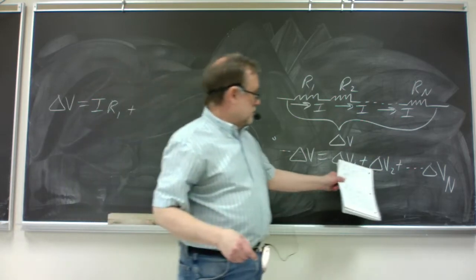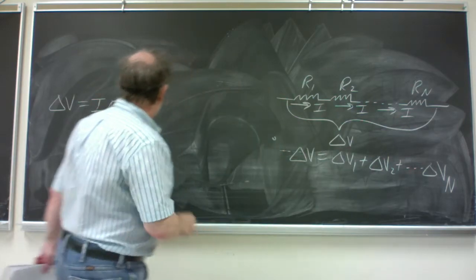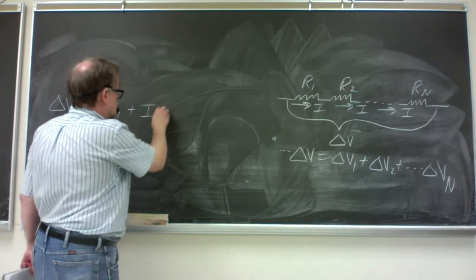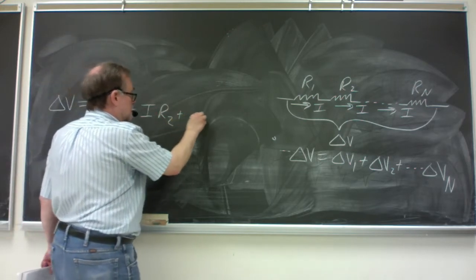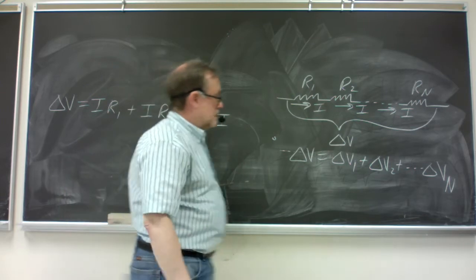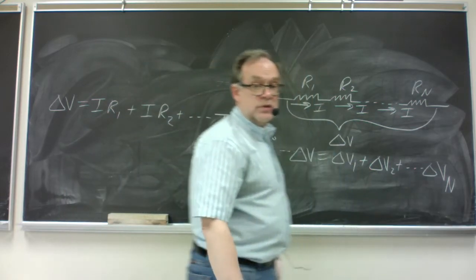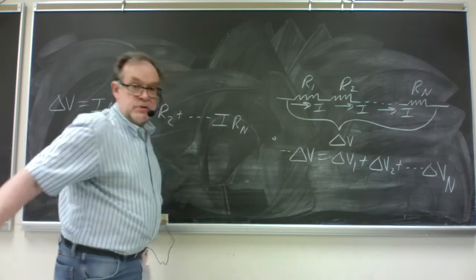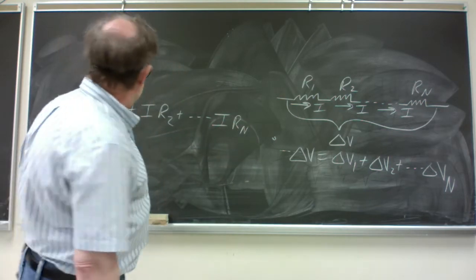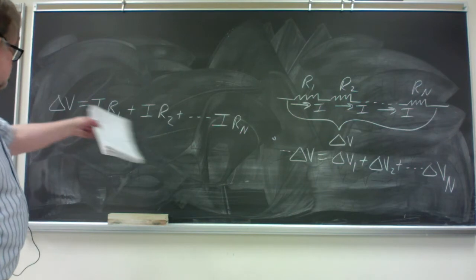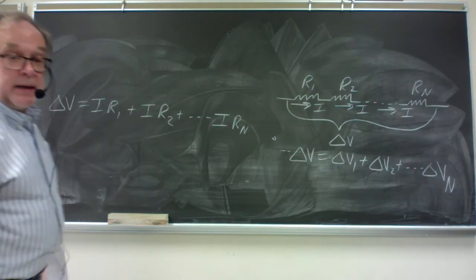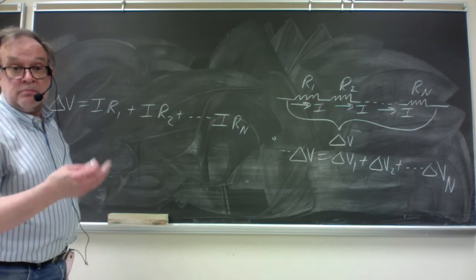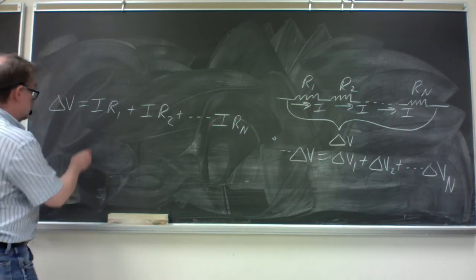And then the potential difference here is current times resistance. The same current through all of them times the particular resistance of that one, up until you get the nth potential difference, which is current times the resistance in the nth resistor. Well, you can simplify that a little bit by factoring out the common factor, which is I, the same current all the time, everywhere.